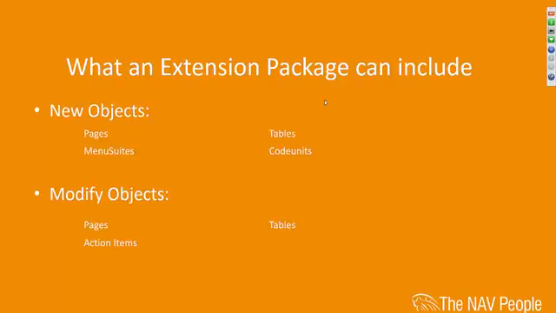Because we're restricted from modifying C/AL code, whether it's on a table, page or codeunit in an extension, we're more likely to do it in an event, which we can deploy using a new codeunit. That makes the whole application a lot easier to maintain and to upgrade.